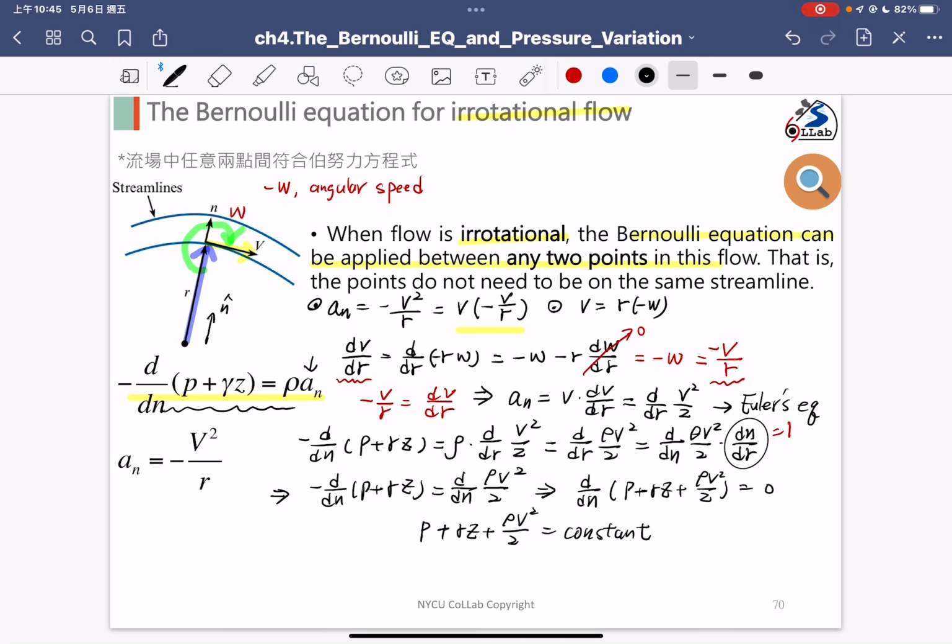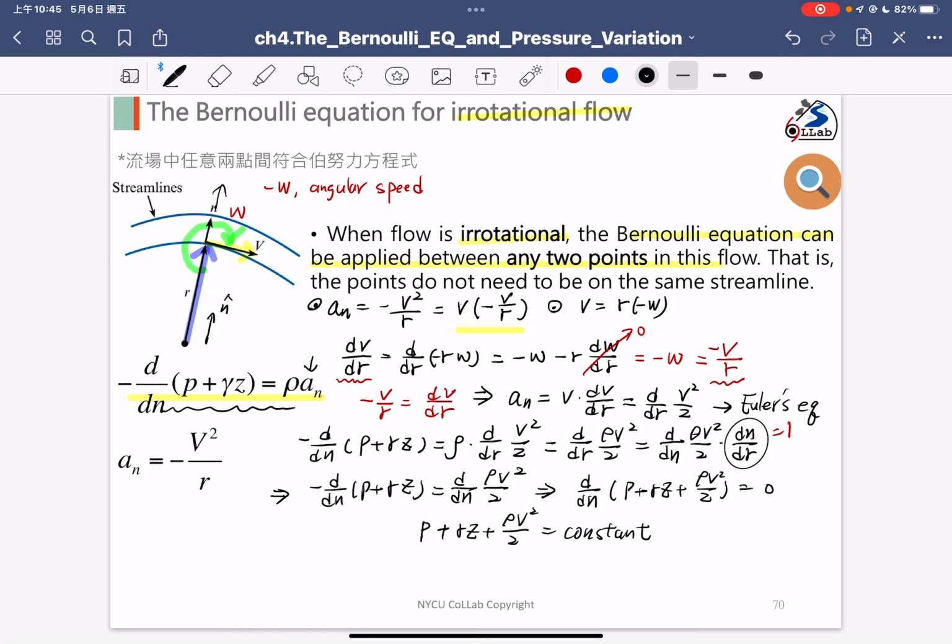So based on the assumptions for irrotational flow, we also know that along the normal directions the Bernoulli equation is also satisfied. If you take a straight line, the direction perpendicular to the straight line is the normal direction. Along the normal direction, any two points also satisfy the Bernoulli equation.